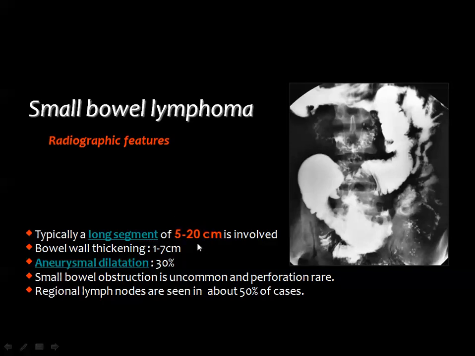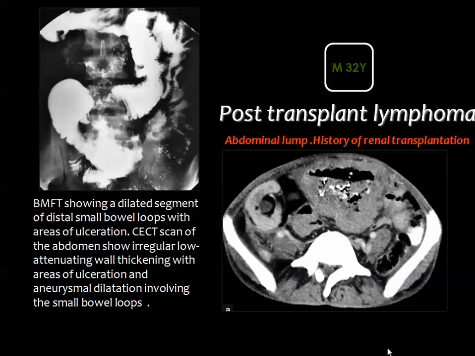Then also diffuse bowel wall thickening similar to the stomach, and this is one of the peculiar findings of lymphoma in the small bowel, which is aneurysmal dilatation of the affected bowel loop. Small bowel obstruction is uncommon, and also perforation is rare. Regional lymphadenopathy is usually seen in about 50% of the cases. And this is what we mean by aneurysmal dilatation of the bowel.